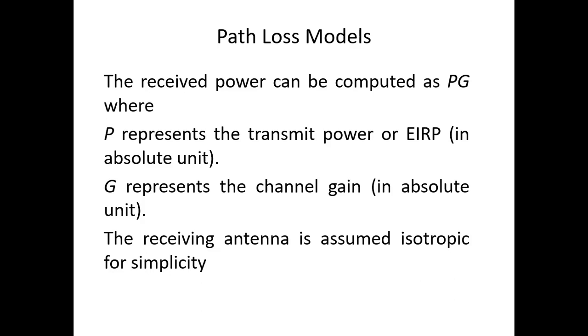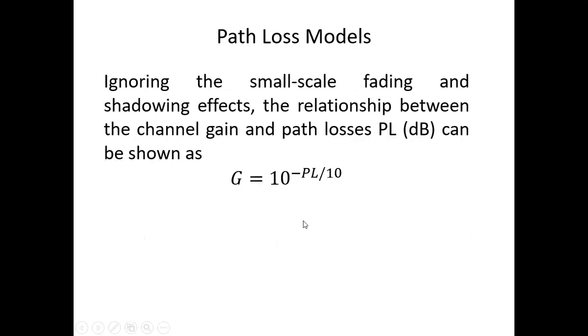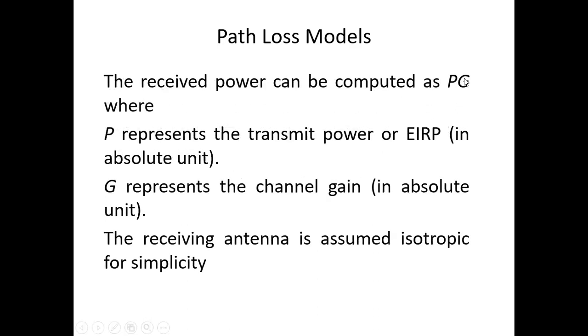So in dB form we can consider this way, and P and G use ordinary units. So if we consider this PT GT GR together as P, then that PL we need to subtract in dB.